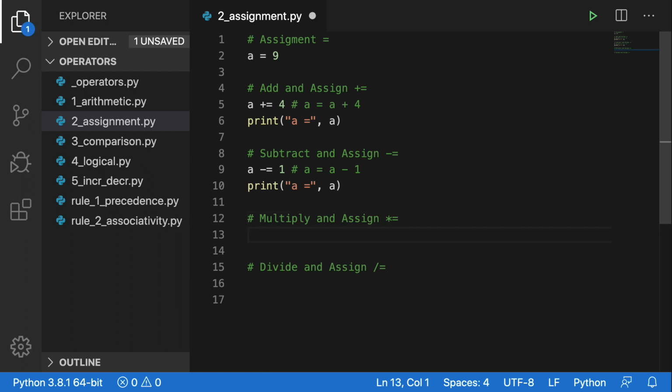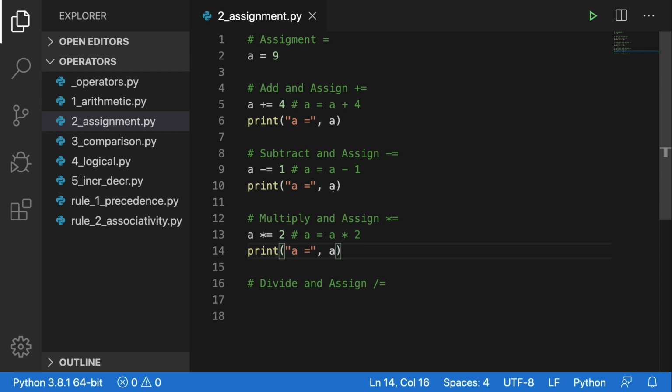The next one is the multiply and assign operator. So this is the operator, this is the operand. It multiplies a with 2 and then makes an assignment. Now we are at 12 here, so 12 multiplied by 2.